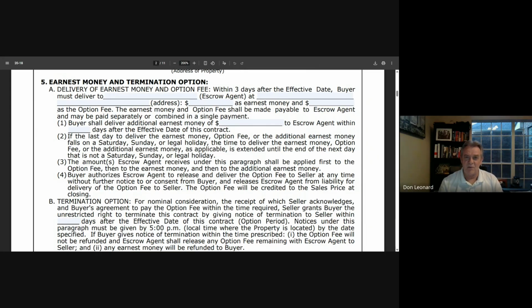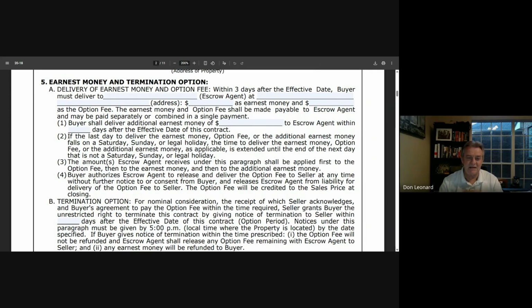Tomorrow, Thursday, is day 1, Friday is day 2, Saturday is day 3. And of course, there's a place here where it says that if day 3 happens to fall on a Saturday, Sunday, or legal holiday, then it automatically rolls to the next day that is not a Saturday, Sunday, or legal holiday.